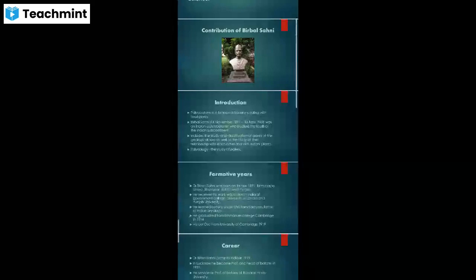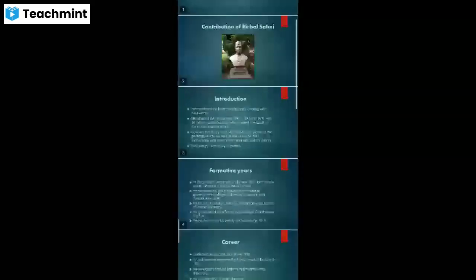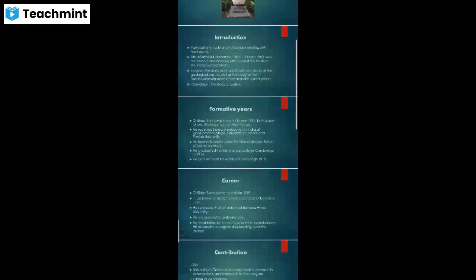Now, let us see the formative years of Dr. Birbal Sahni. As we have seen, Dr. Birbal Sahni was born on 14 November 1891. His birthplace was Bhera in Shahpur district, West Punjab. He received his early education in India at Government College, University of Lahore and Punjab University.